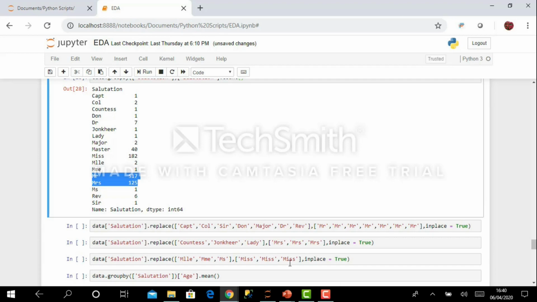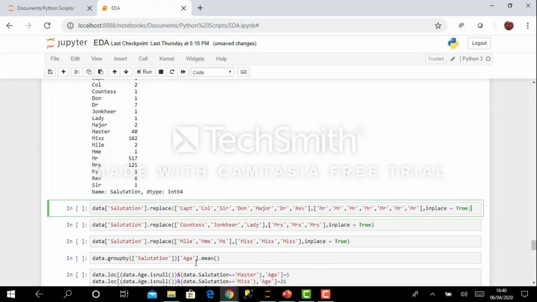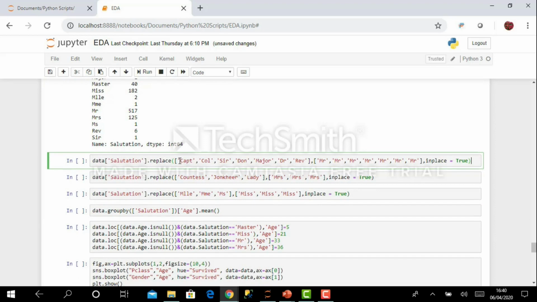You can do it with different approaches, following some common sense and common practices. Here, for all these types of salutations, you can see I have converted them to Mr. Inplace equal to true means that it will actually change the original data set where I am making the changes.